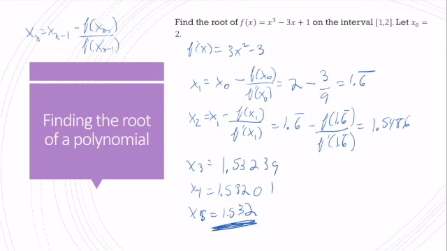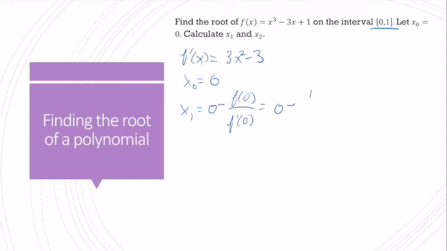Let's work through another example, except now I have the same polynomial, but I'm going to look over the interval 0, 1, and let's let x sub 0 equal 0. So I want to calculate x1 and x2. So first thing I do is I take my derivative, which we knew to be 3x squared minus 3. If I let x sub 0 equal 0, x sub 1 equals 0 minus f of 0 over f prime of 0. So I get 0 minus 1 over negative 3.